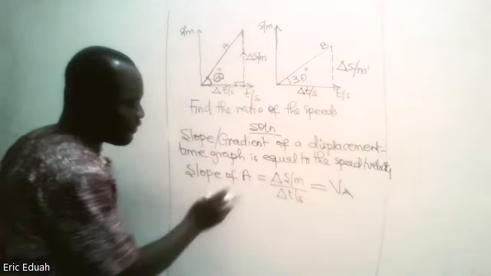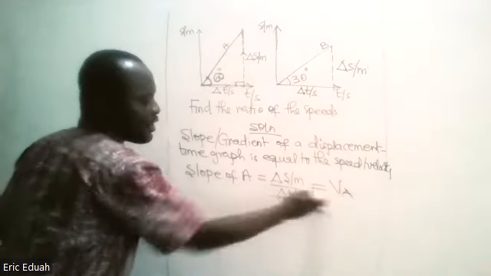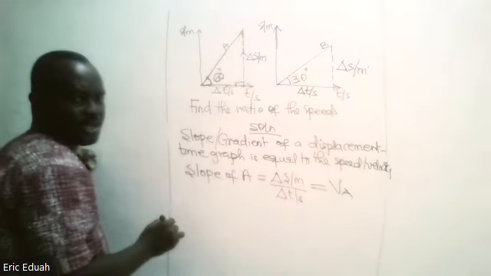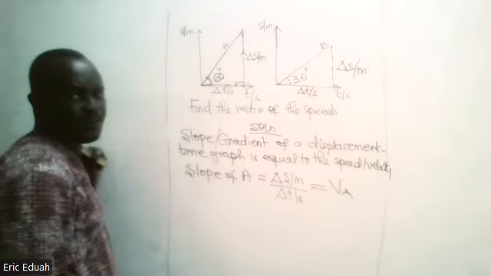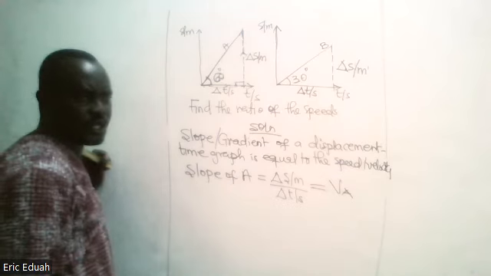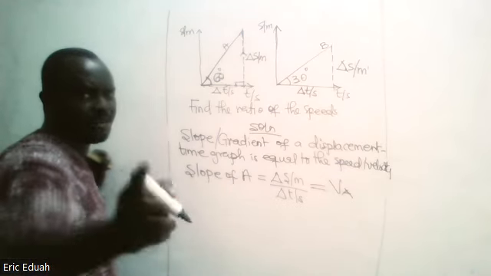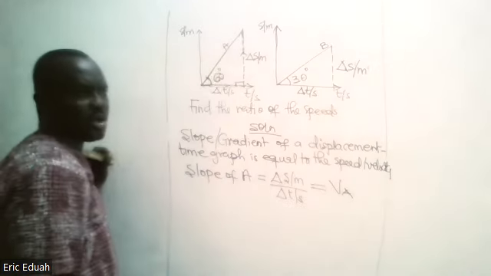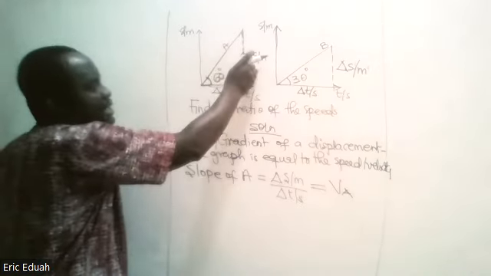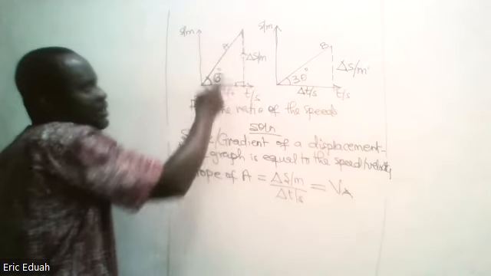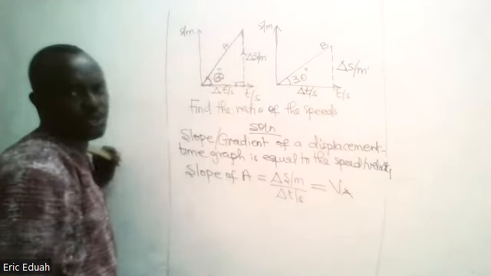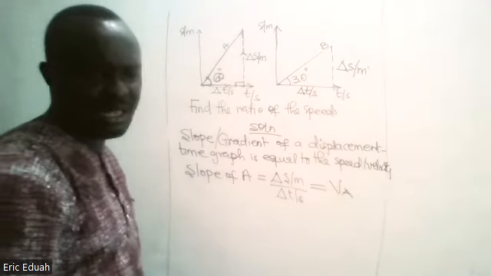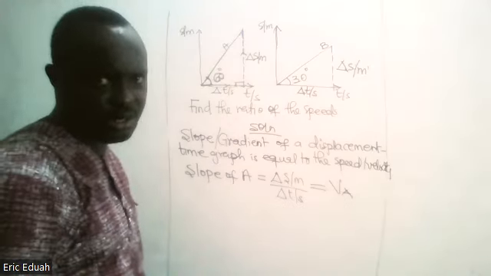So if the slope of A is equal to this, this is the angle of inclination. When we use one of the trig ratios, certainly it must be tangent, because we don't have the hypotenuse. What we have here is the opposite and the adjacent, so we can't use sine or cos.